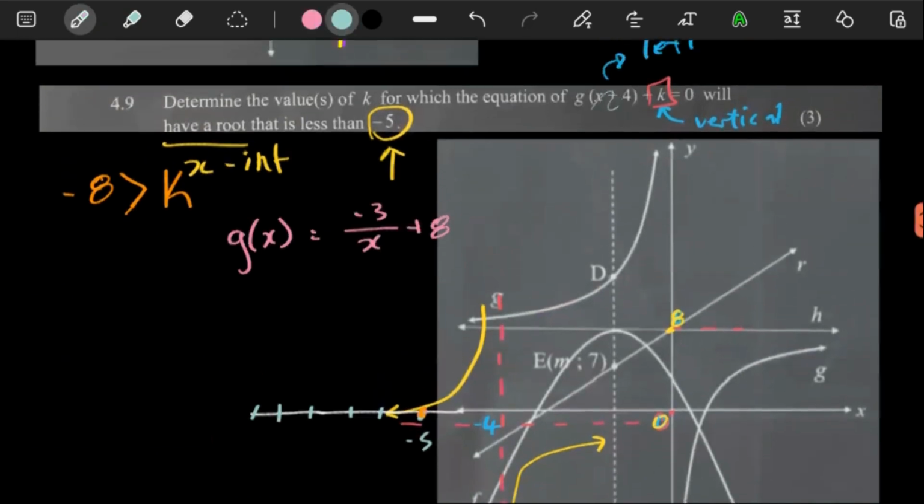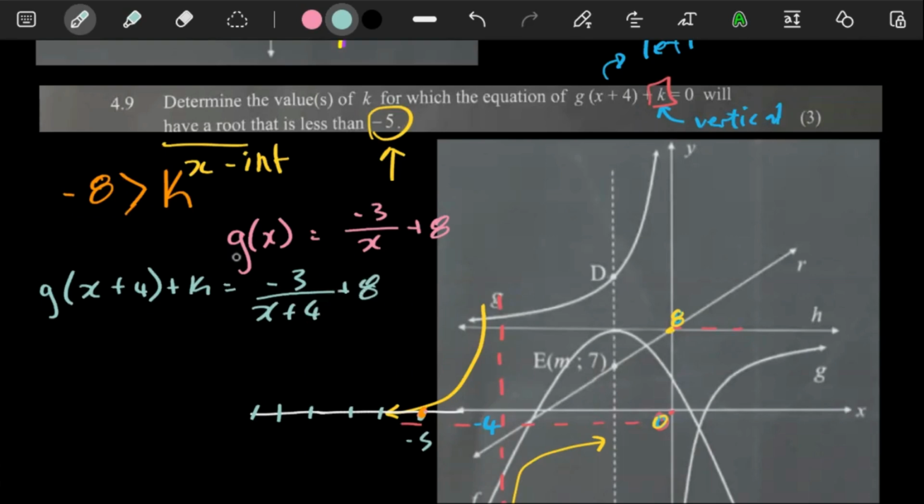So if you're going to say g of x plus 4, plus k, it means that wherever x is, you're going to put x plus 4. And then after that, to the whole thing, you're going to add a k.